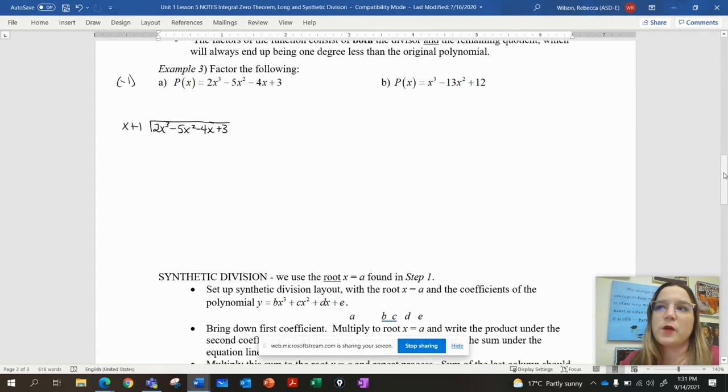Because we are dividing, think 2x cubed is my first term in the dividend, and x is my first term in the divisor. So what's 2x cubed divided by x? 2x squared. So I'm going to write that 2x squared on top.